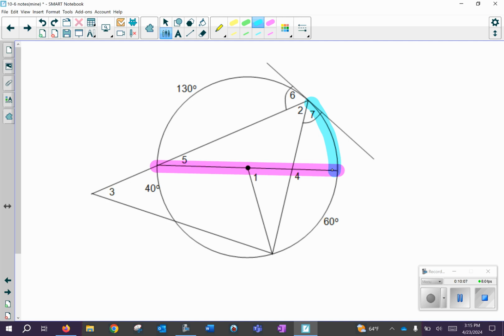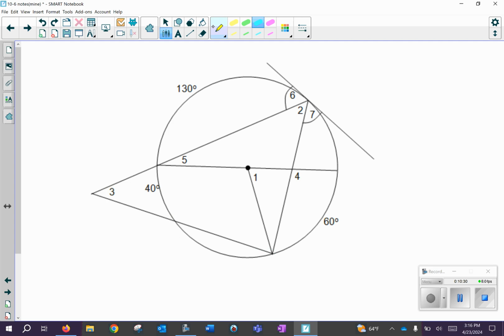Okay, go to the bottom. There are 3 arcs down here. They have to add to 180. 2 of them are labeled. One's 40, one's 60. That adds to 100. 180 minus 100 is 80 for that piece right there. Okay, so I'm going to go ahead and erase both of those, and we'll fill in what we just found then.